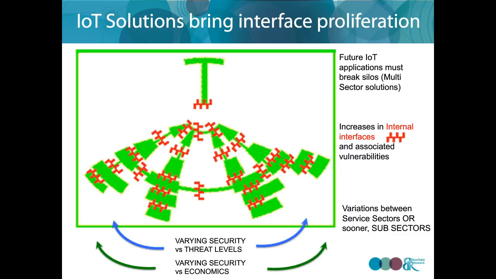So again, we have not only different threat levels across different sectors and subsectors, but possibly different economics as well and costs that need to be taken into account. So those are some of the issues that need to be addressed when looking at IoT solutions as opposed to M2M solutions. And I hope that's not confused everybody, but that is some of the stuff that the industry is now assessing, trying to get to grips with to find a way forward for the IoT markets to develop in the way that we would all like.